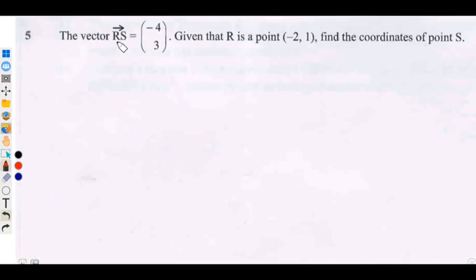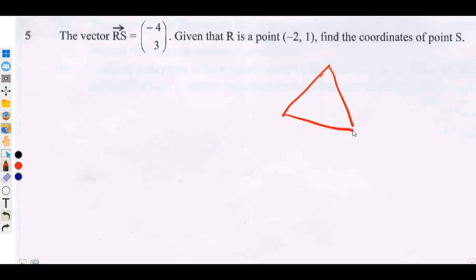The vector RS is equal to this vector, which is a position vector. Given that R is the point (-2, 1), find the coordinates of point S. So for this one, I normally encourage using a shape. So let's assume that you have this shape.